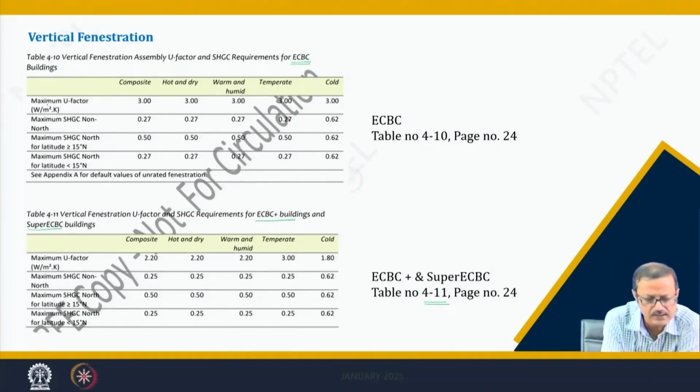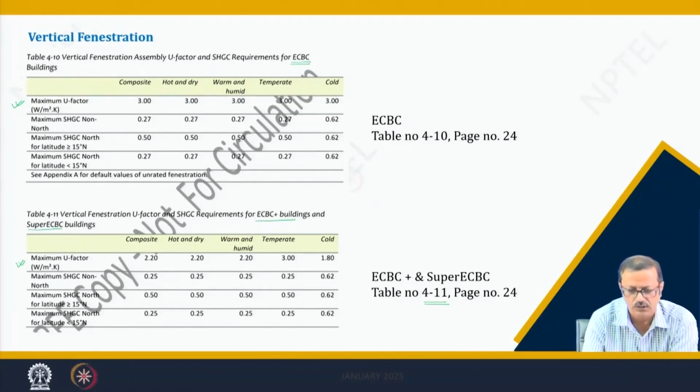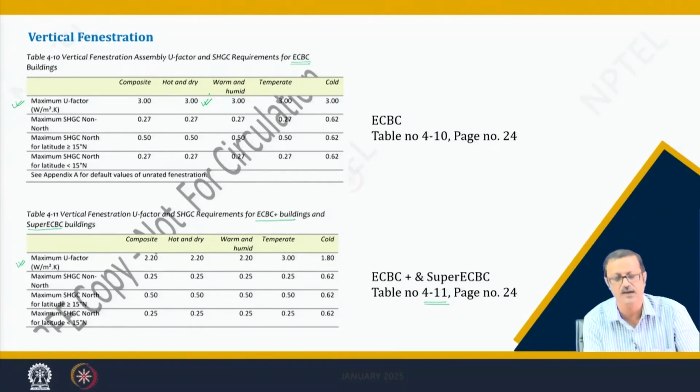The first line gives you the U value, maximum U factor, in both cases. It is hot and dry, and this does not depend upon the type of building, for all buildings it is the same. In my case, the recommended maximum is 3, but my case it is 0.75, far less, right. So, that is good.